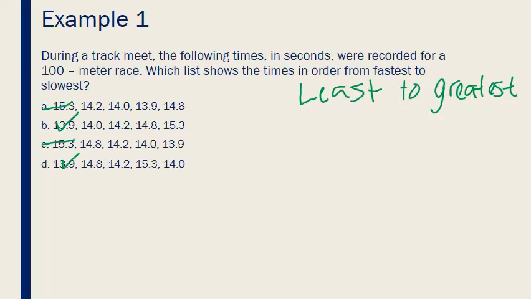What about 14 and 8/10? Yes, you chose the answer B, because 14 and 2/10 is less than 14 and 8/10. Please make sure the rest of the answer is correct. So then we got 14 and 2/10, 14 and 8/10, and then 15 and 3/10. Those are all shown from least to greatest, so very good. Y'all's answer is correct.